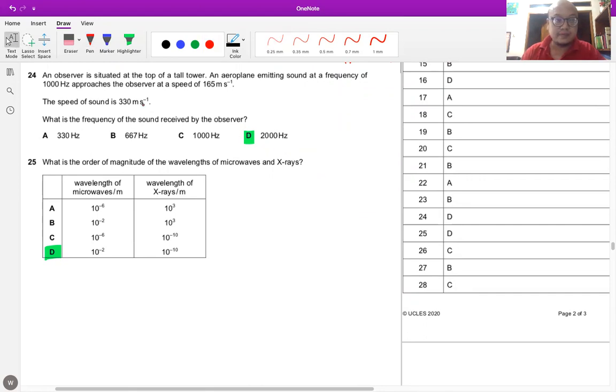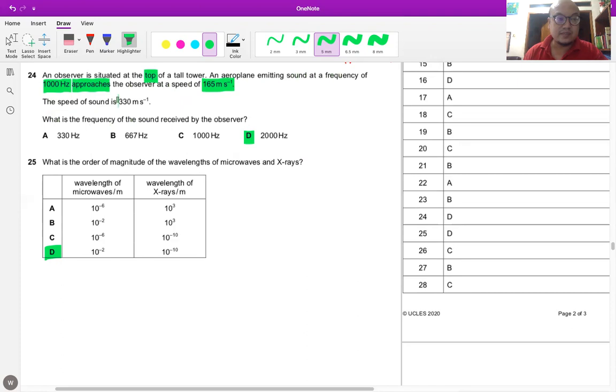Now I want to highlight the first one. The observer on the top means zero velocity, at rest. An aeroplane emitting sound of frequency, this is the source frequency, approaches the observer at a speed, this is the speed of the aeroplane.